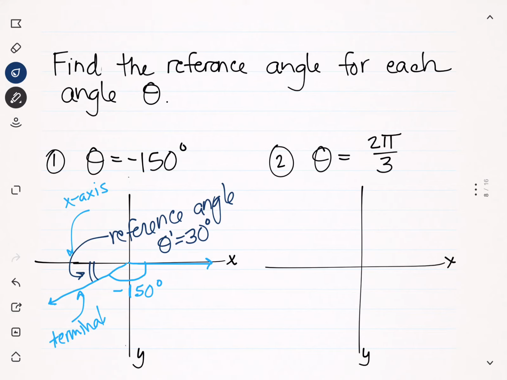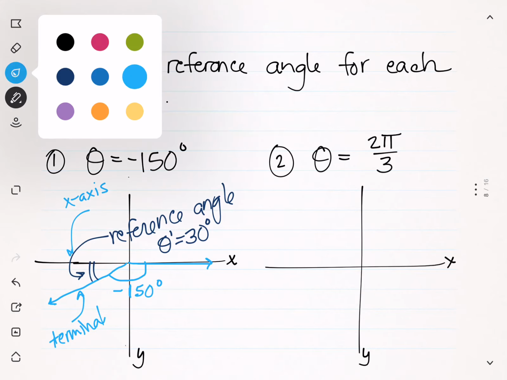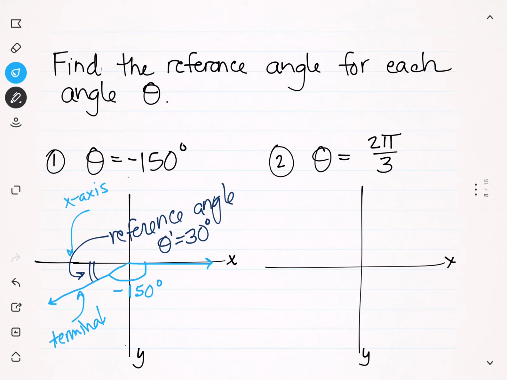Okay, so let's try number 2 here. We have our angle theta in radians. So we have 2 pi over 3. Okay, so we want to plot this angle in standard position. Now remember that pi over 3 radians is 60 degrees. We have 2 pi over 3. That means 2 times 60 is 120 degrees.